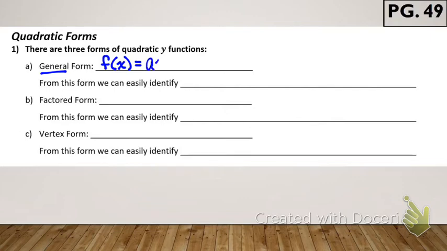f of x equals ax squared plus bx plus c. This form is super useful because when my equation is written in this form right here, I don't have to do any math to it at all. I can just look at it the way it's written, and I can identify the y-intercept.